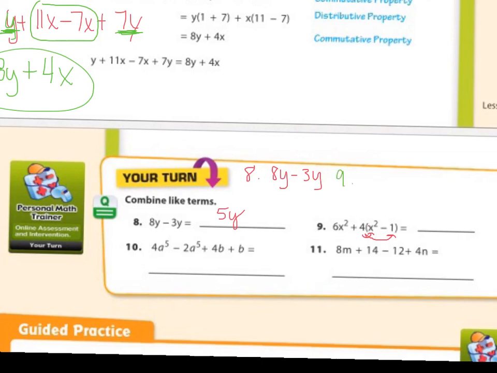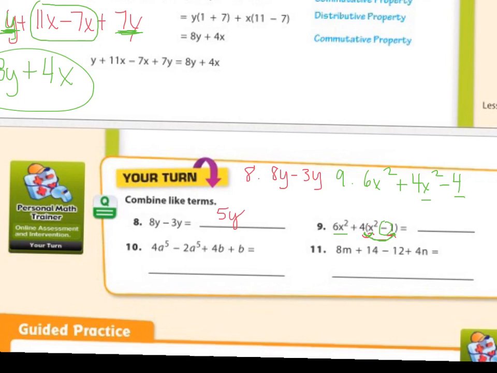Here's number 9. Okay, this is a term right here. Just write it down. Okay, now what did we say 4 times x squared was? 4x squared, so plus 4x squared. And what did we say 4 times 1 was? 4. And then to separate these two terms, just use whatever's right there, minus.